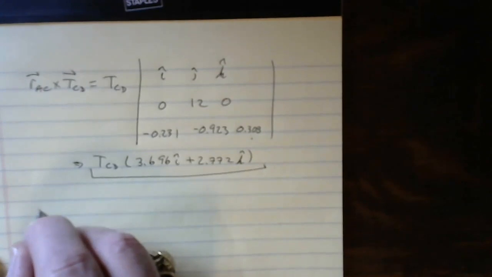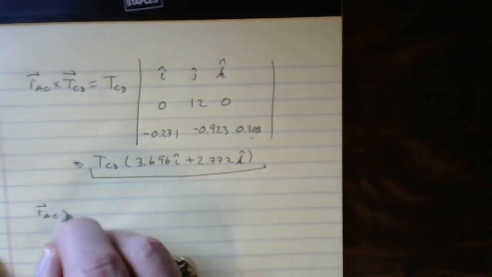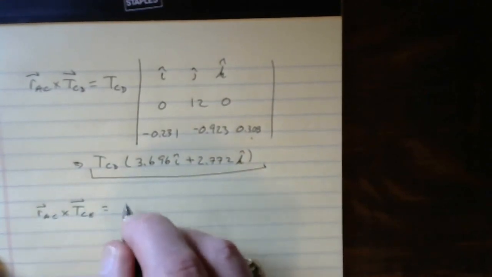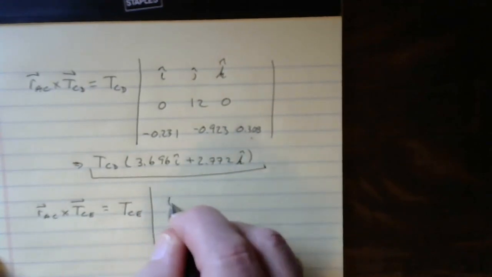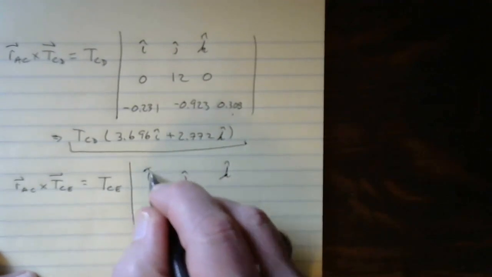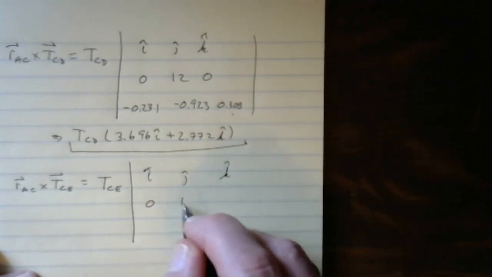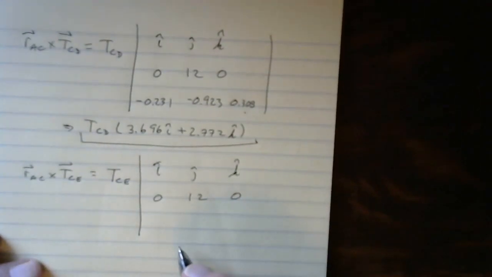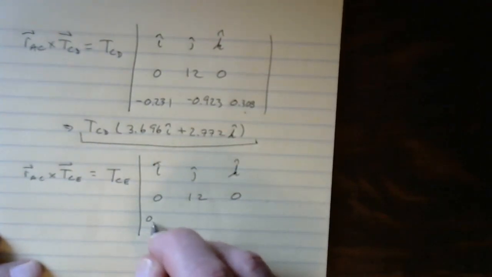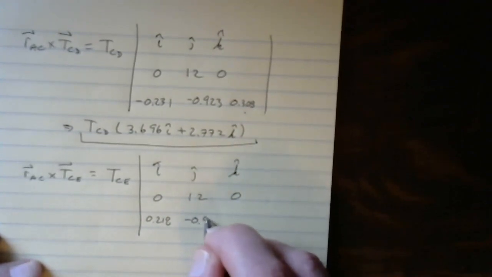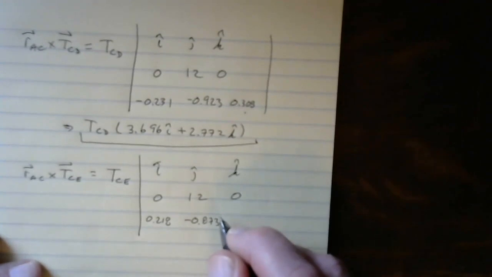Number 3, the moment caused by TCE. All right, again, I'm pulling TCE out. RAC is 0 12 0, and again, make sure you do R cross F and not F cross R. And this is 0.218, minus 0.873, and 0.437.